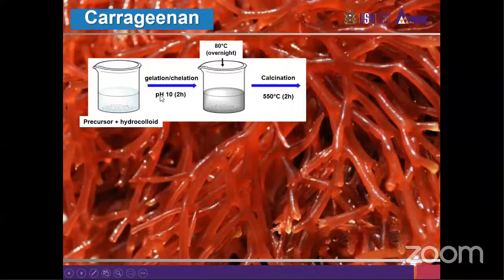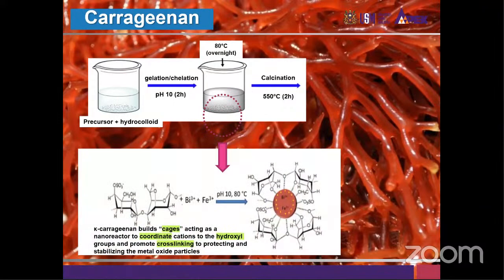Basically, you will have this precursor, any salts that you want, and then the hydrocolloids. When the gelation or chelation occurs here at a particular pH, these are the optimum conditions that I show: pH 10 at 2 hours, we stir it overnight at 80 degrees C, and then we calcine for 2 hours at 550 to sacrifice all the templates. So what happens here?